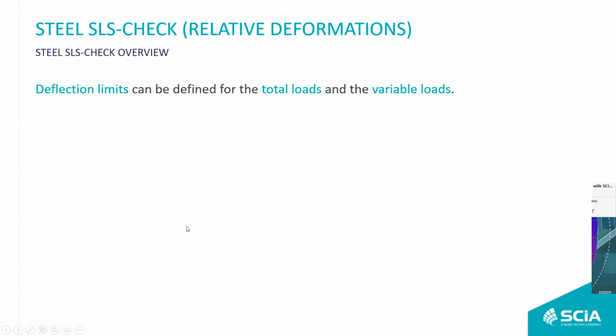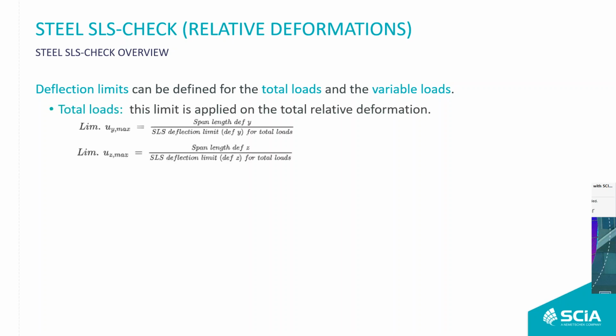So the deflection limits can be defined for the total loads and the variable loads. SCIA Engineer is able to determine within your combination what are the deflections coming from your variable loads, and also what are the total deflections, so coming from the entire combination. That's quite straightforward, I assume.